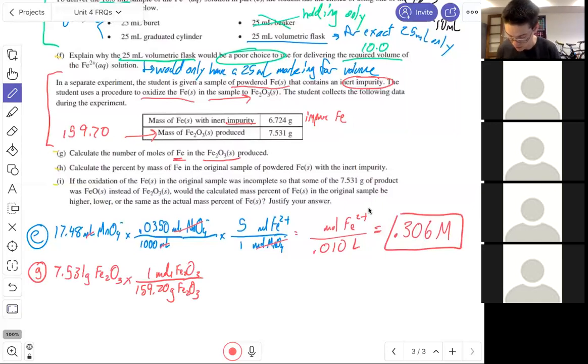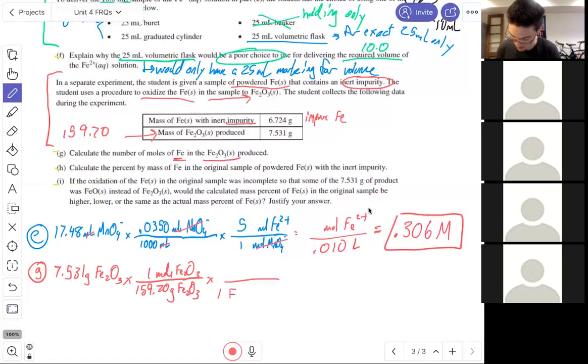And then what's the last step? You have to separate the iron to get it by itself. So you put moles at the bottom. So how many moles of what thing in the denominator? 1 mole Fe2O3.